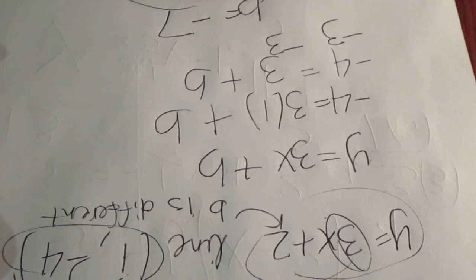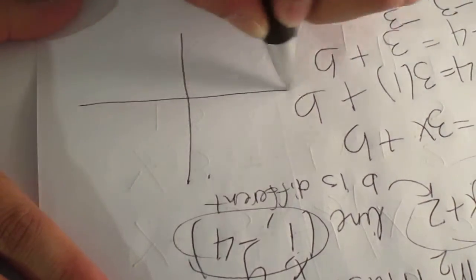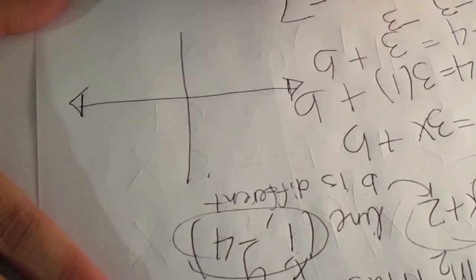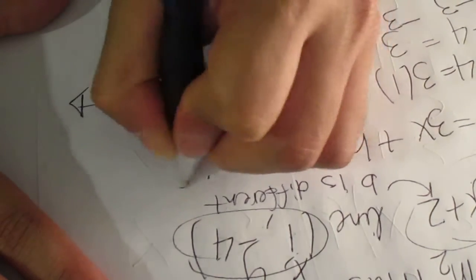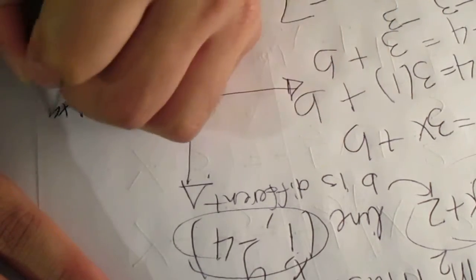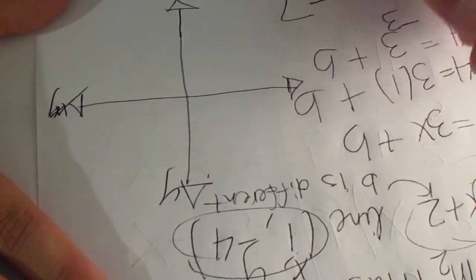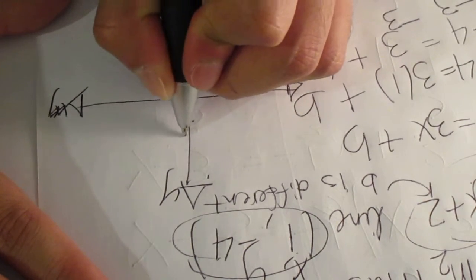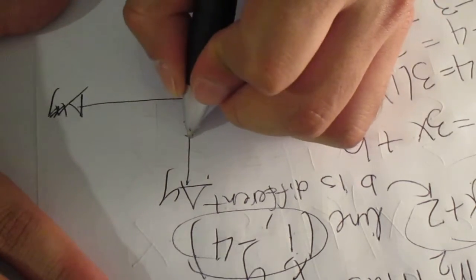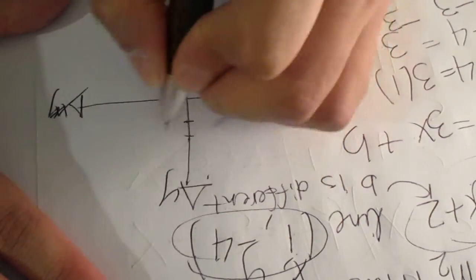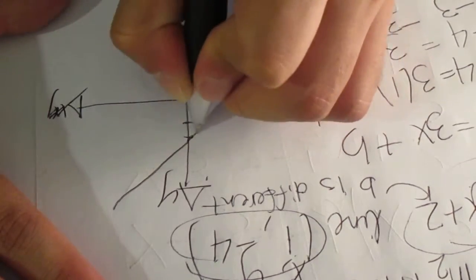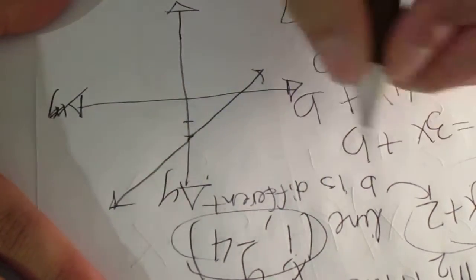So if you were to graph it, can you see it? This is just a rough estimate. It's not going to be detailed. If you want detailed, you could just put it in the graphing calculator. So y equals 3x plus 2 is going to look something like this, right? It's positive, so it looks something like that, because it has a y-intercept of 2.